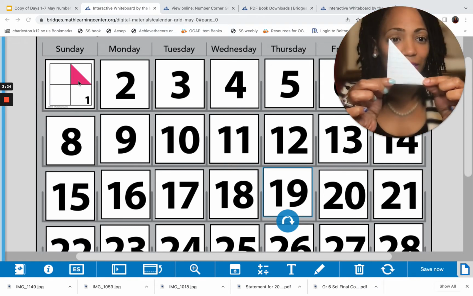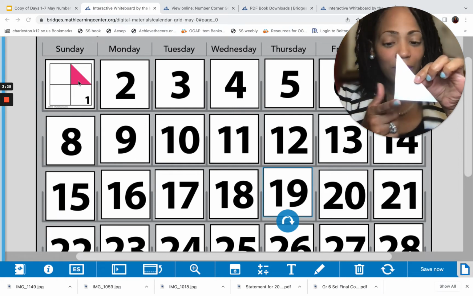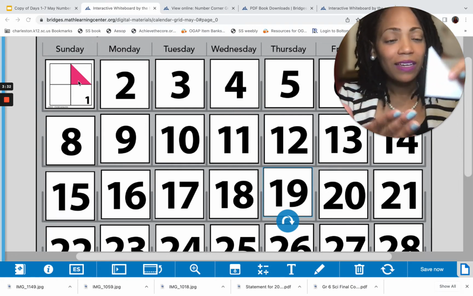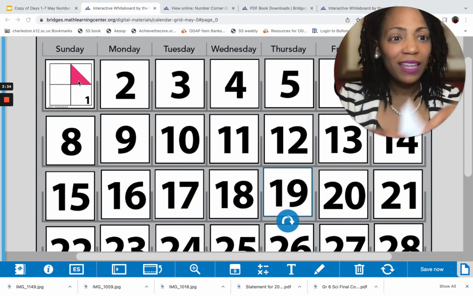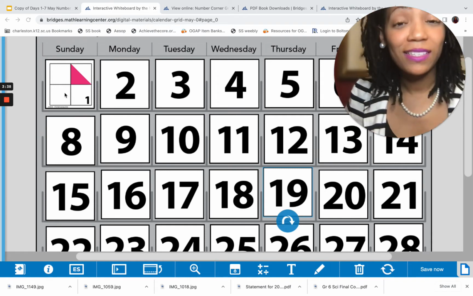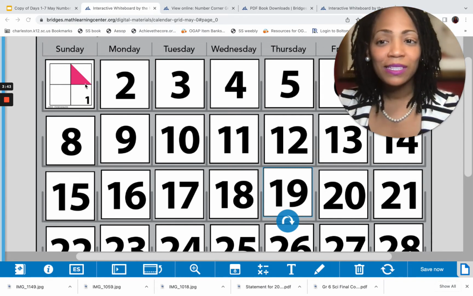Here, I can show you as best as I possibly can. This corner right here makes a 90-degree angle because it fits right in the corner of this grid that's made here on this calendar marker. So we have a triangle. We see some acute angles. We also see a right angle.